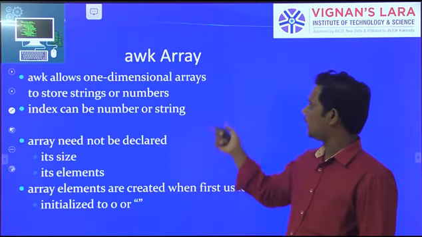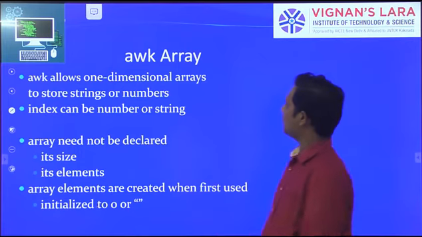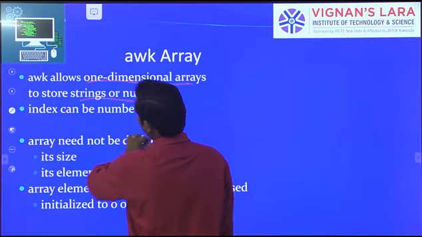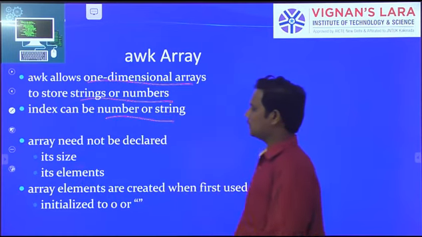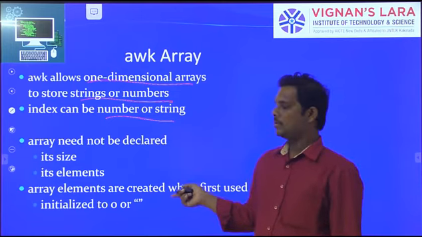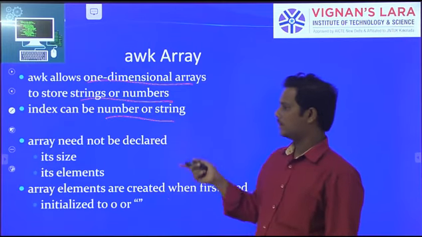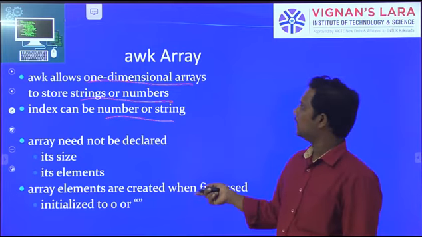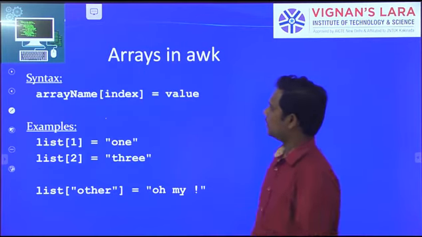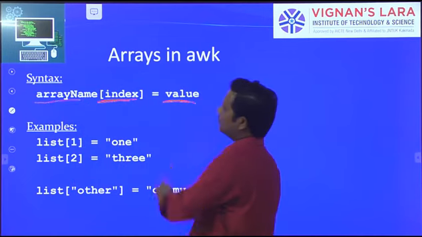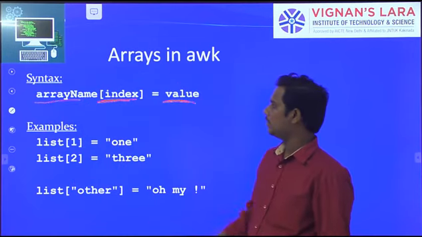Okay, in arrays, how is it used? One dimensional arrays we can use in the command. Strings also you can use, and the index statements also you can use. Size of the array, and all these things you know already from the previous C language and Java language. Arrays, how they are used, the same procedure we are following. Here array name, index equal to value. So this procedure is also the same as that of C language.